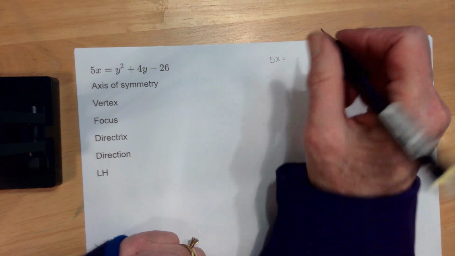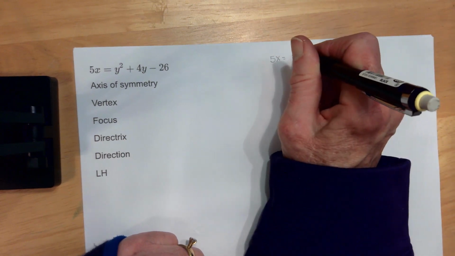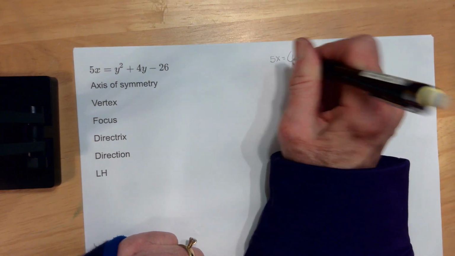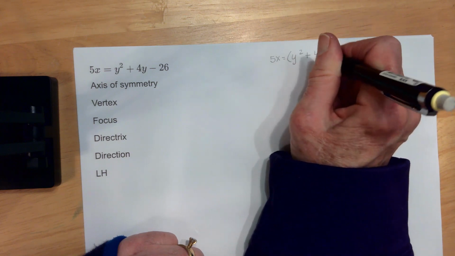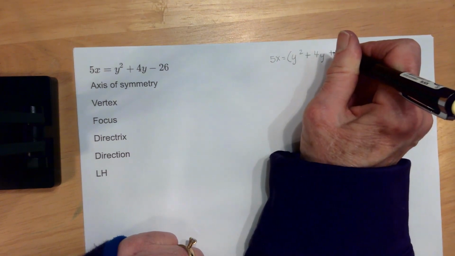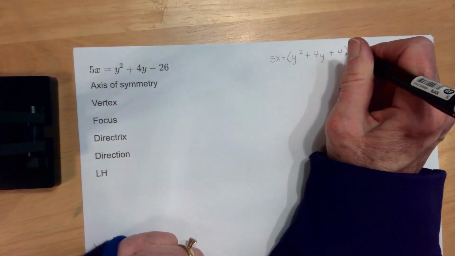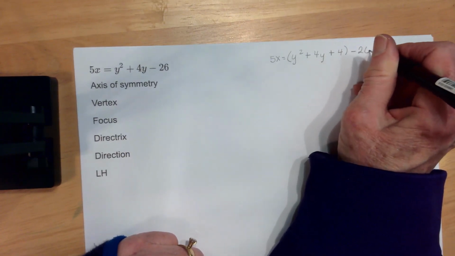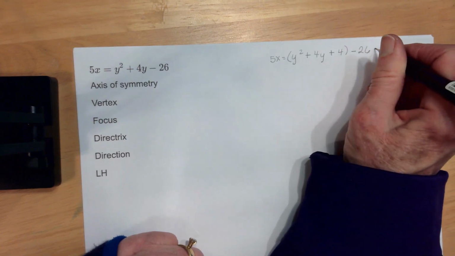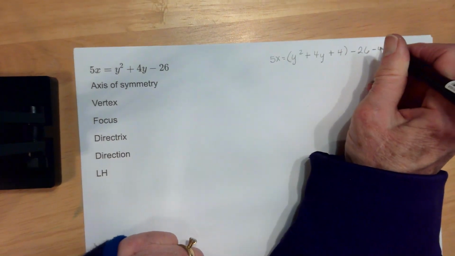I'll complete the square over here so that I have a y squared plus 4y plus half of 4 is 2. 2 squared is 4. Minus 26, but if I've added a positive 4 there, I need to add a negative 4 here.